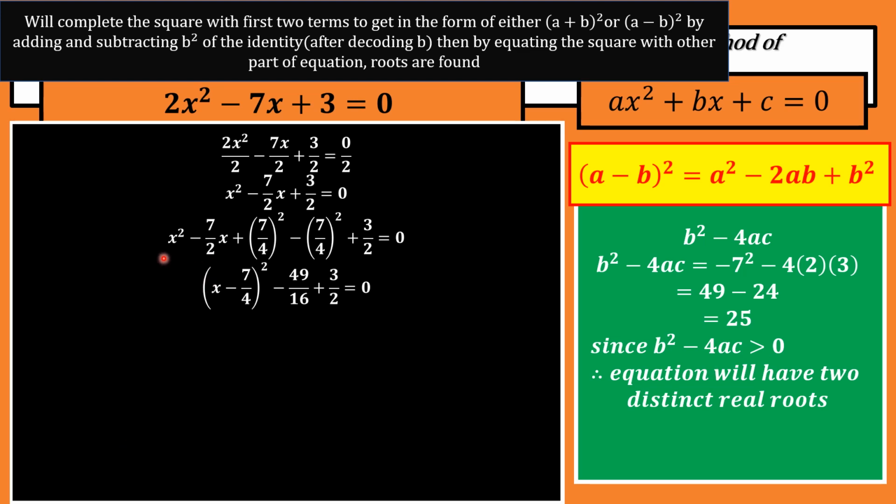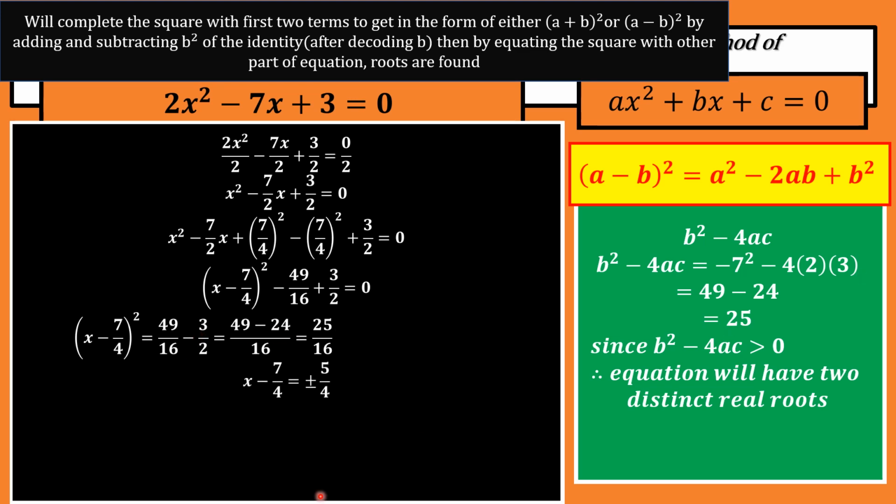These first three terms are a minus b whole square, where a is x and b is 7 upon 4. The remaining part, on simplifying, 49 upon 16 plus 3 upon 2, we'll take to the other side: 49 upon 16 minus 3 upon 2, 16 is the LCM. 49 minus 24 is 25 upon 16.